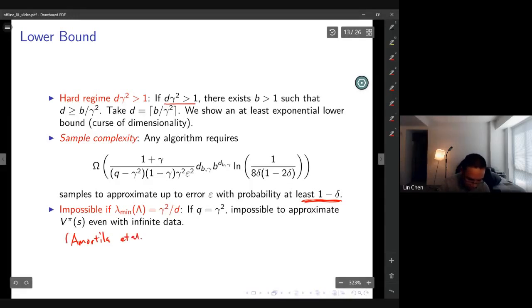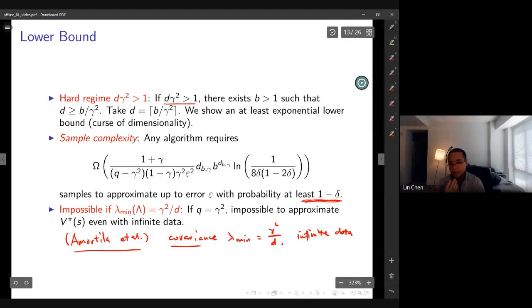They get a result that when the feature covariance matrix has lambda min equals gamma squared over D, then even infinite data is not sufficient to approximate the value of a state. So actually, this result includes this previous work as a special case. This is one result I would like to mention.